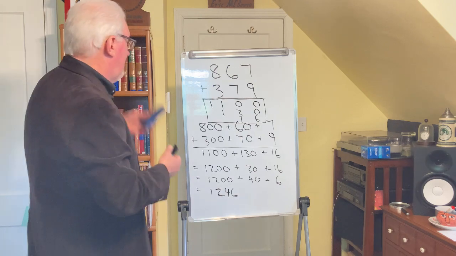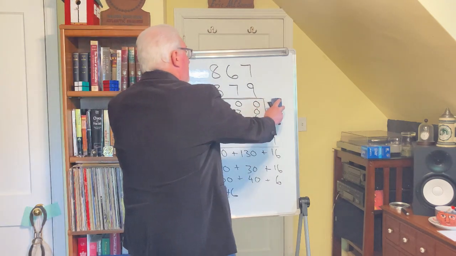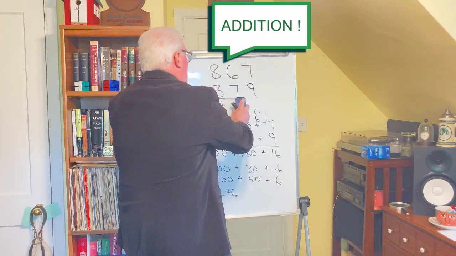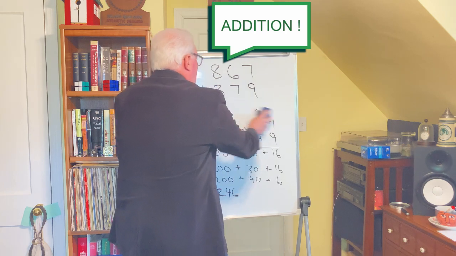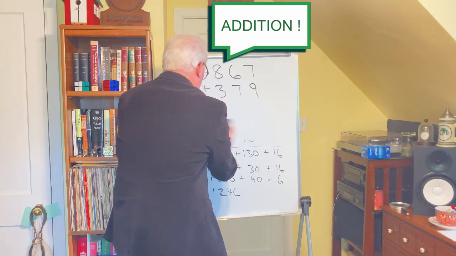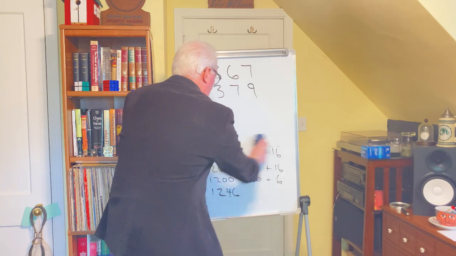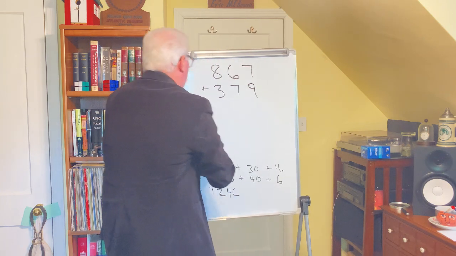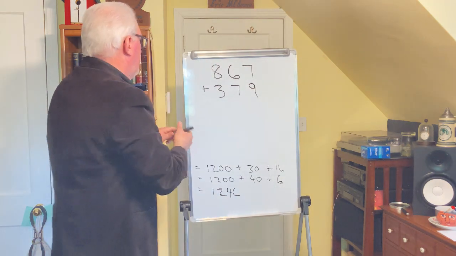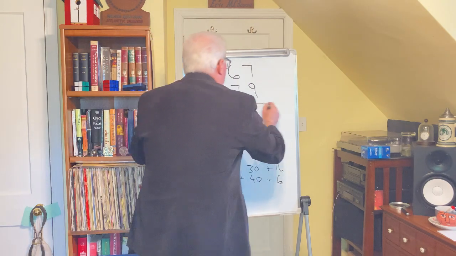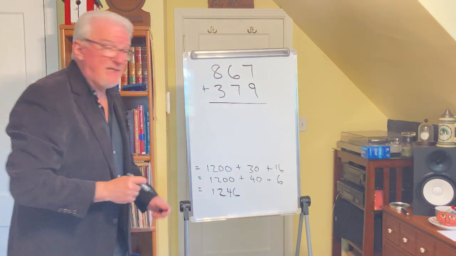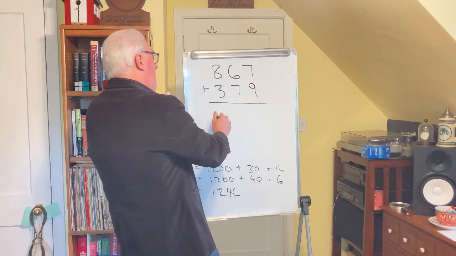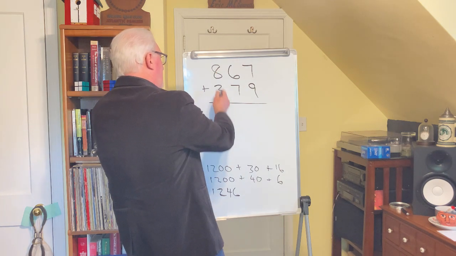And this is how left to right multiplication can be accomplished. We'll take the 8 and the 3 and we'll add them together, minding the columns that we're putting the digits in, right?